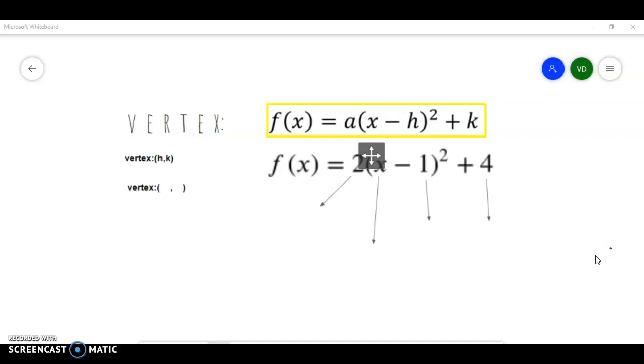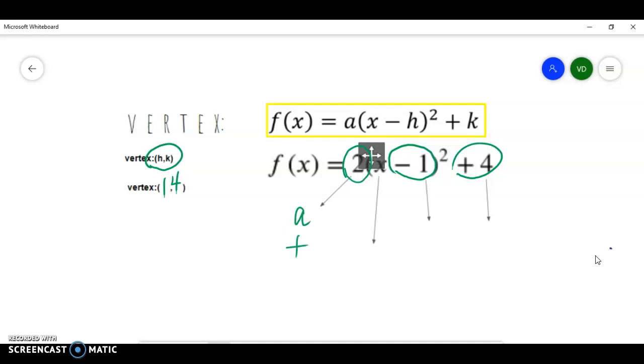If you want to move to the next one, we're going to pull the vertex out first. So my vertex, remember, is H, K. But it is the opposite of whatever my H is right here. Okay, so my vertex will be 1, 4. If I look at my A value, this is my A, it is positive.